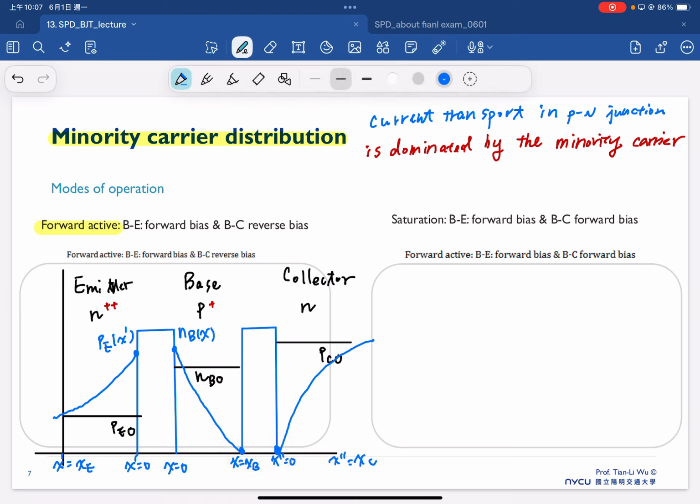Okay, so that's for the forward active. Now we will look at the saturation. So this is a case under the saturation.